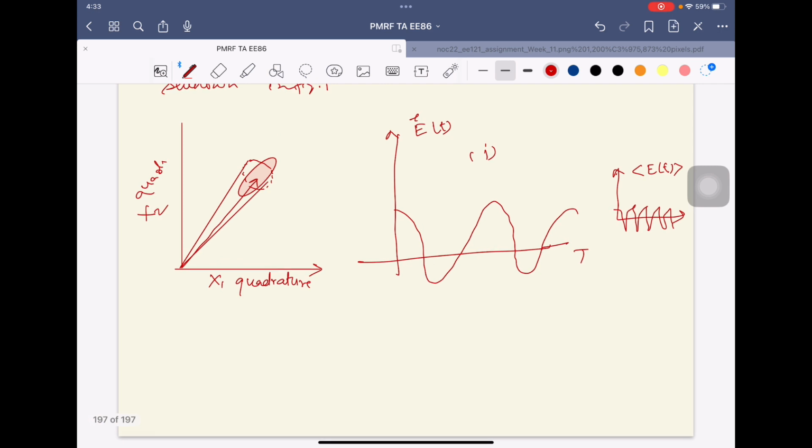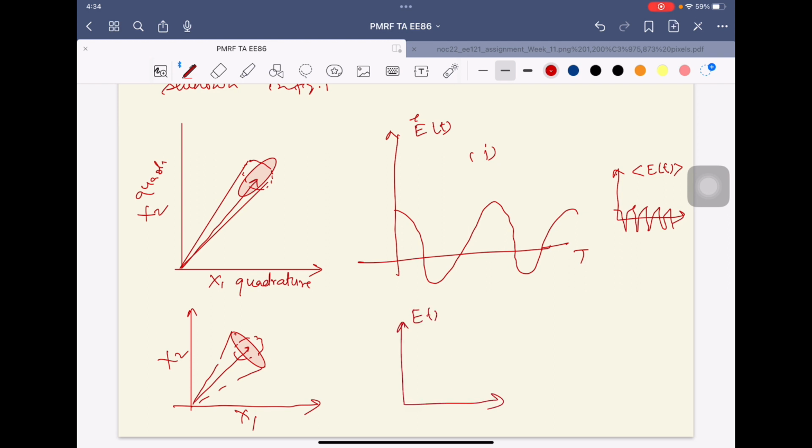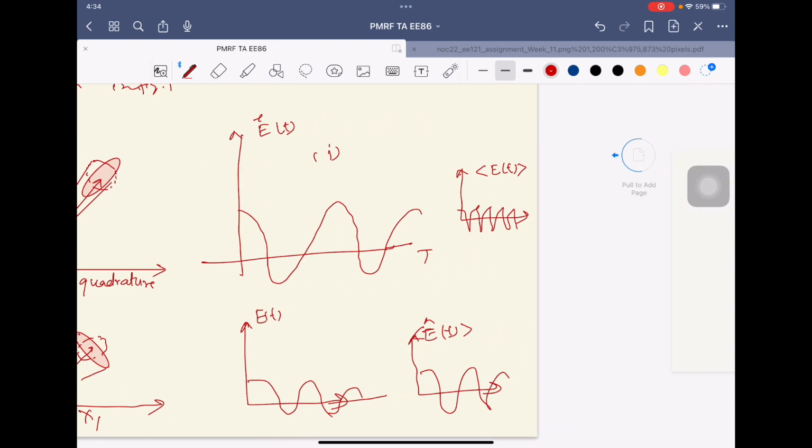Similarly, another one is given, and E(t) and its average are given in the same way.